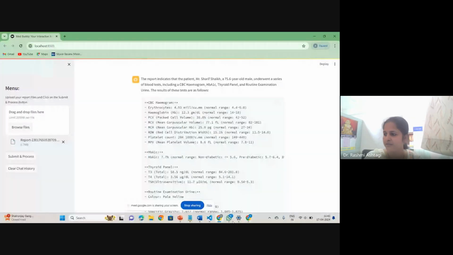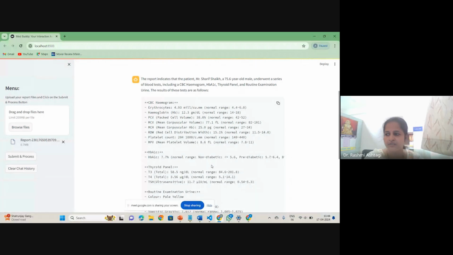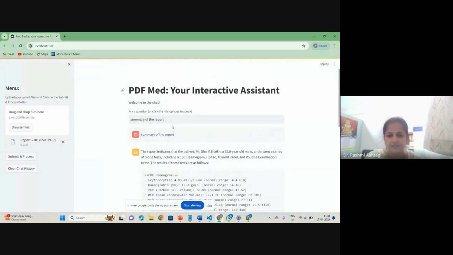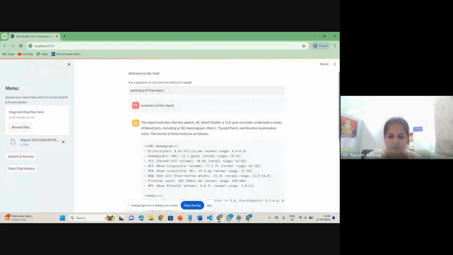Is it visible? Yes, ma'am. This is visible now. Here you can see I have given one medical report and asked for a summary of the report. The report is of some person, a series of blood tests, what the hemoglobin is, everything is given, which we may not understand.